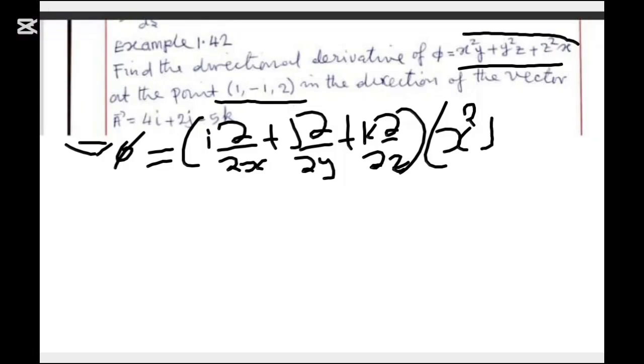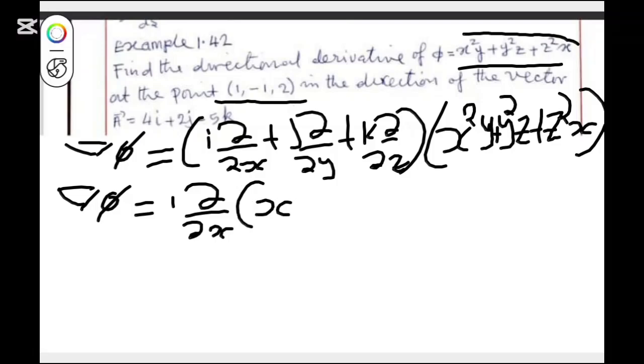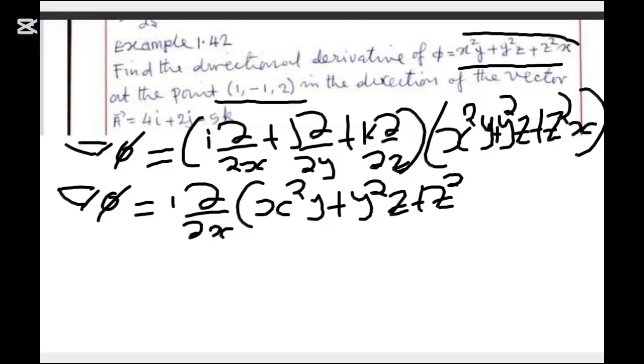So psi is x squared y plus y squared z plus z squared x. So this should now be equal to, for i, we have x squared y plus y squared z plus z squared x.